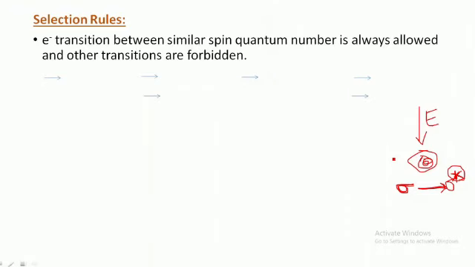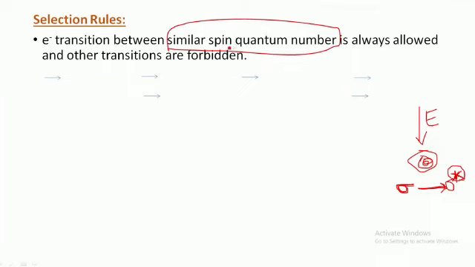Among them, the first thing about choosing a transition is the selection rules. The selection rule tells us that an electronic transition between similar spin quantum numbers is always allowed and other transitions are forbidden. You have to remember this.